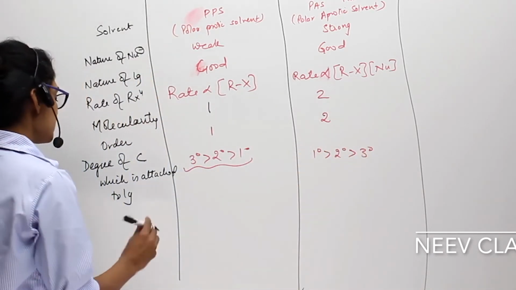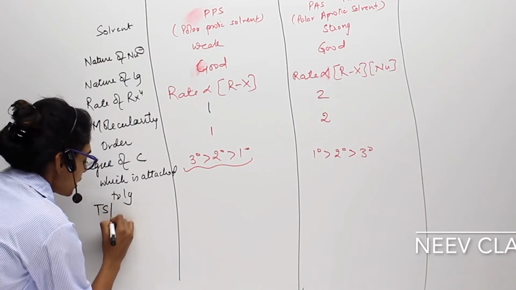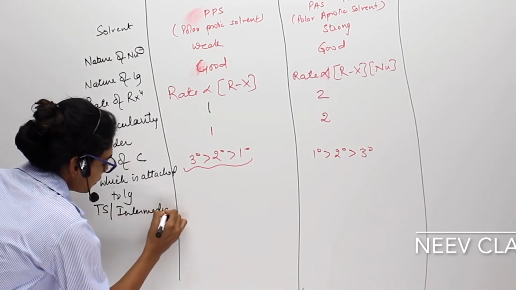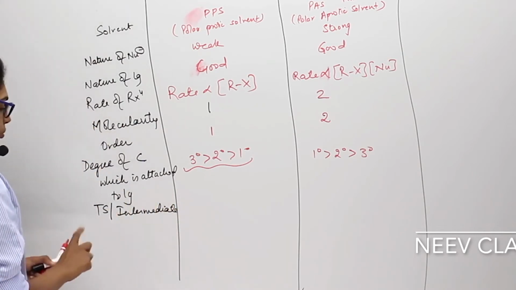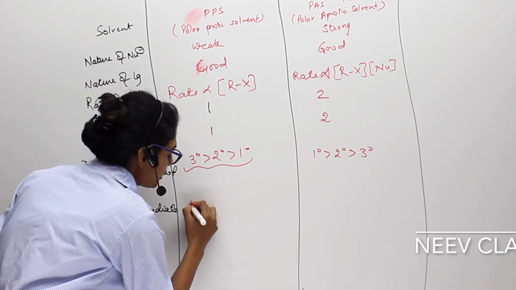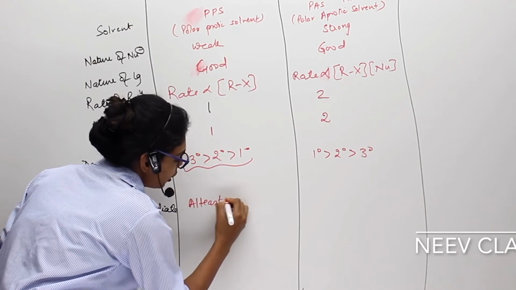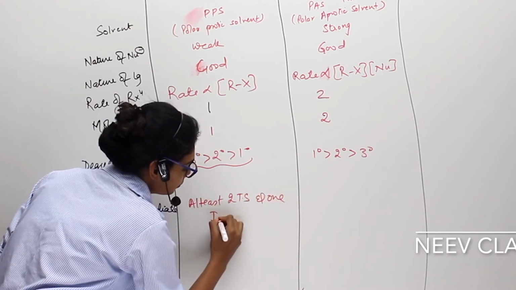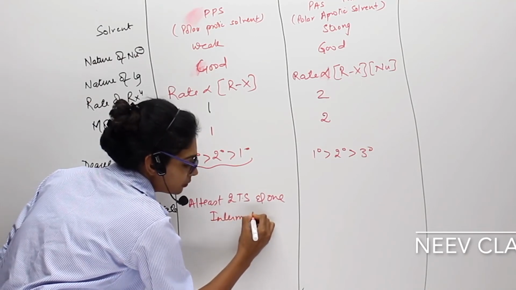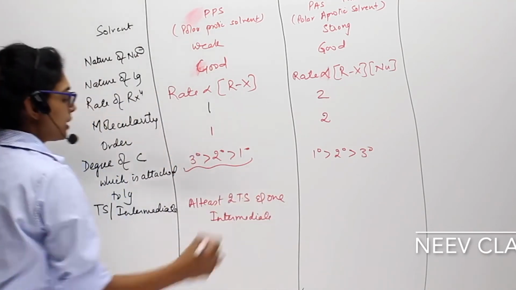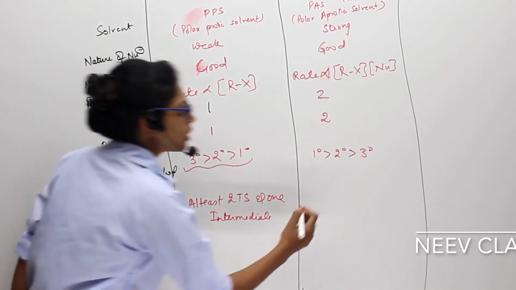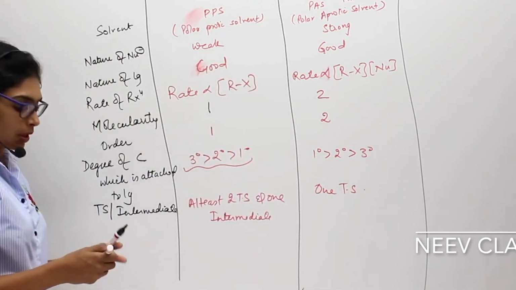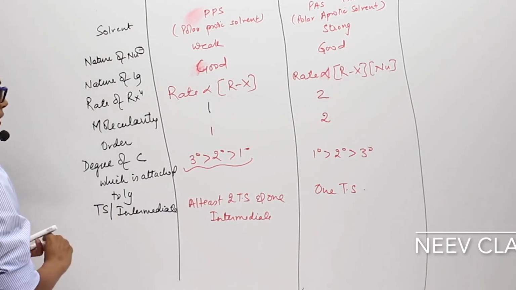Okay. Next is about transition state or intermediate. So SN1 reaction goes through at least 2 transition states and 1 intermediate. Whereas SN2 goes through one transition state. Next is about stereochemistry.